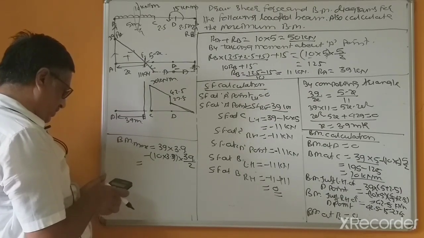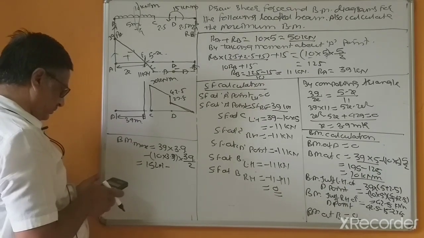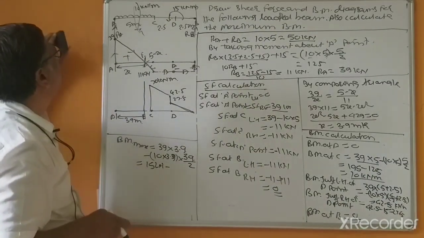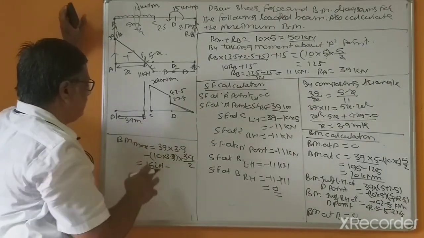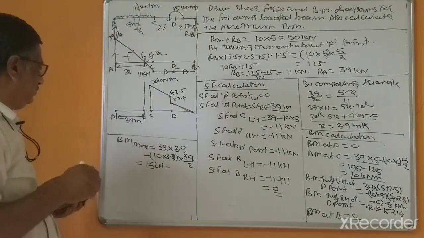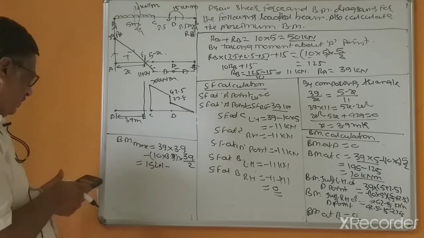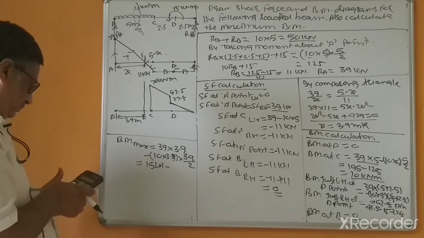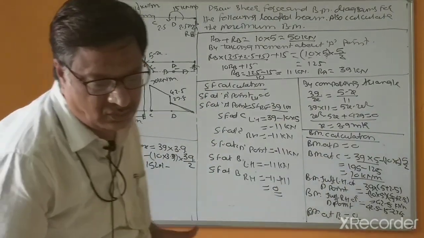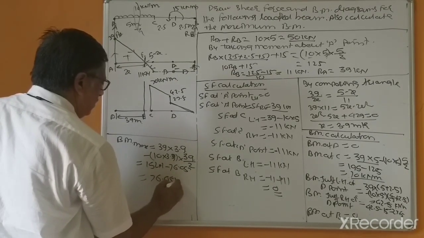39 into 3.9, 152.1, minus 10 into 3.9 into 3.9 divided by 2, which gives 76.05 kilonewton meter.